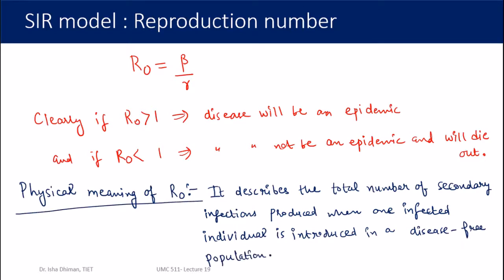This is something like the stories we were hearing about this coronavirus infection, that if one COVID-19 positive person is there, then he can pass that infection to 3 persons or 10 persons, and then those further persons can pass infection to 4 persons, 5 persons, and so on. So the chain gets formed, and that's basically the physical meaning of the reproduction number. So the higher the reproduction number, the faster the disease is going to spread.